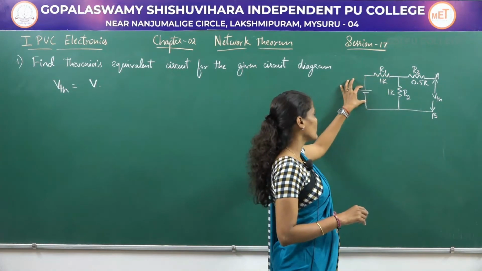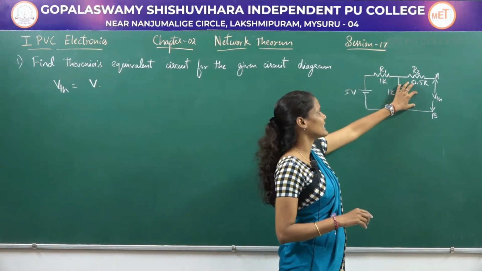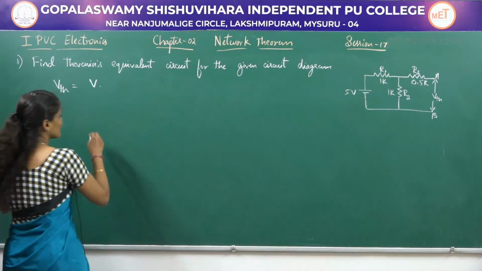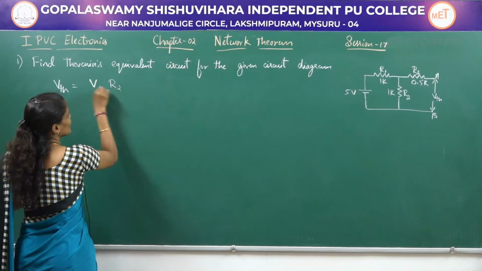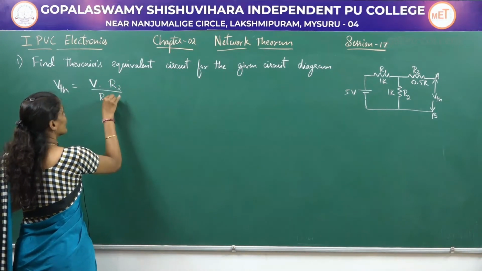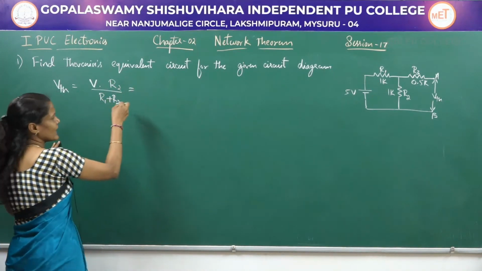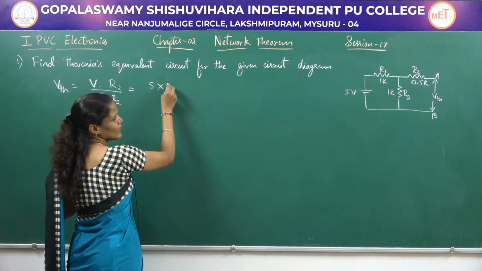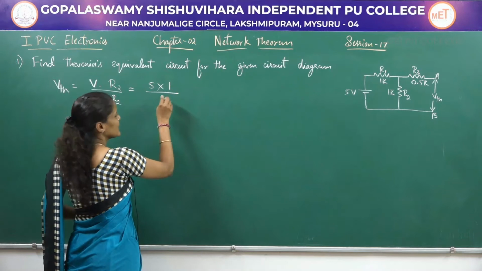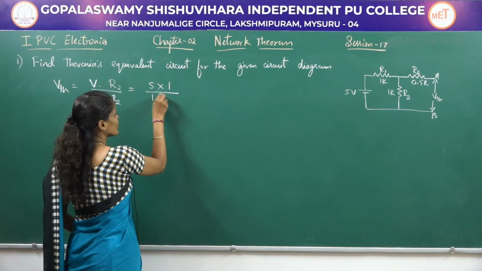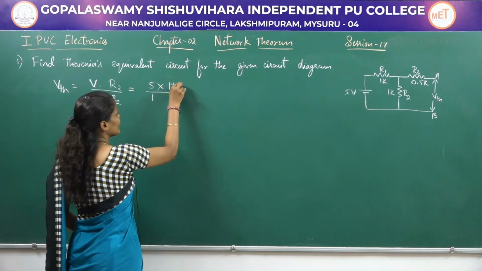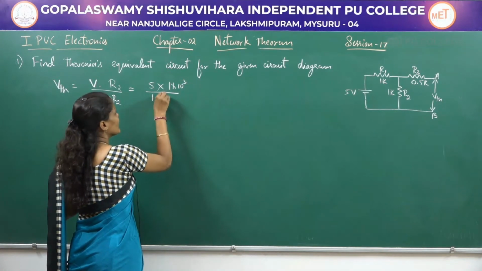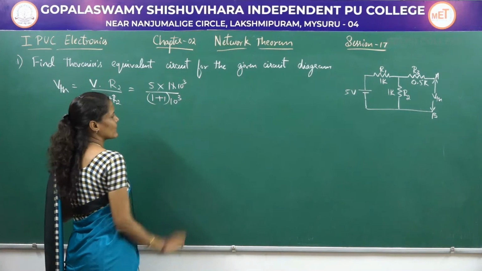So, the total voltage into this resistance divided by the sum of these two resistances, that is, the total voltage into R2 divided by R1 plus R2. The total voltage is equal to 5, the resistance value of R2 is 1 kilo, and R1 value is also 1 kilo. Let me write it as 1 into 10 to the power of 3, divided by 1 plus 1 into 10 to the power of 3.